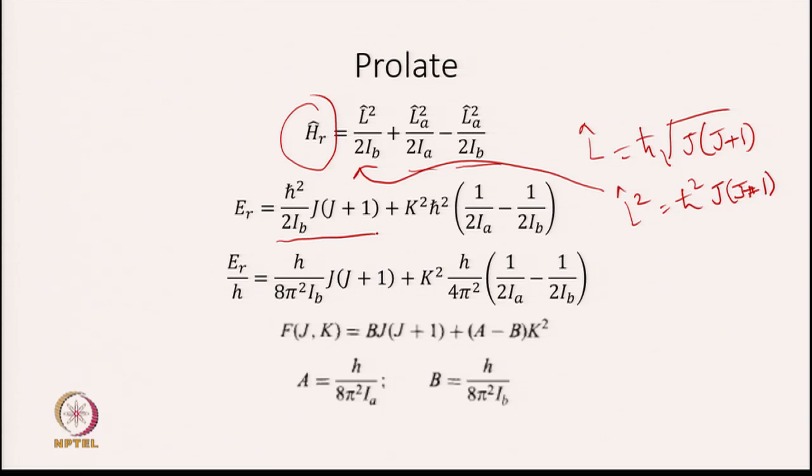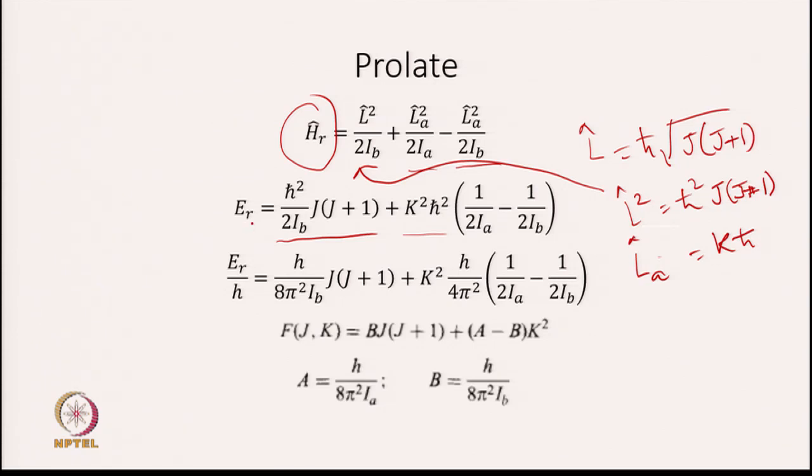Then for LA square, the LA operator is equal to K h bar. So, for LA square operator, just plug in here, and what you are going to get is K square h bar square will be common, and what is left is 1 by 2IA minus 1 by 2IB.